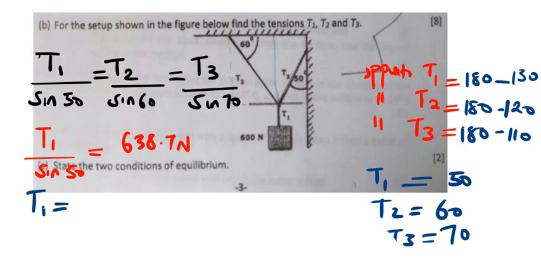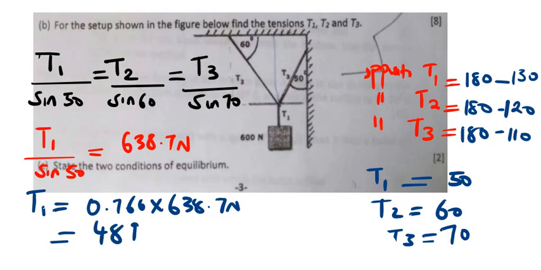Sine of 50 gives me 0.766. So 0.766 multiplied by 638.7 gives me 489 newtons.